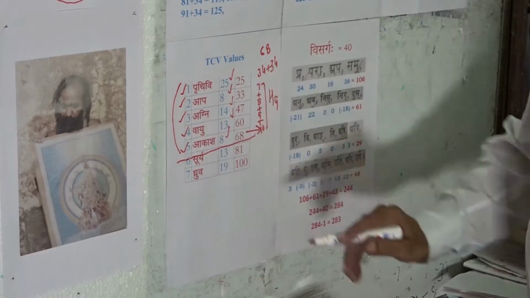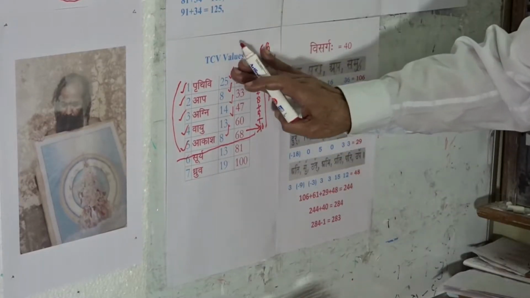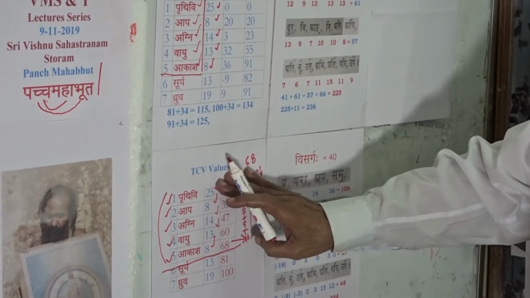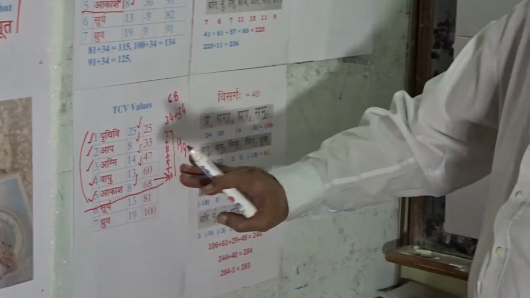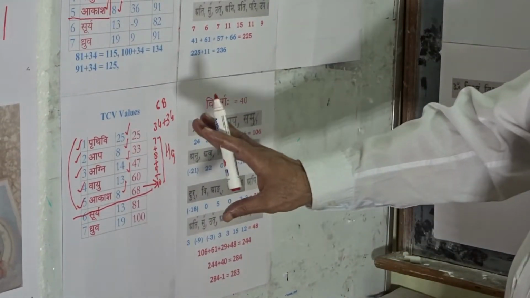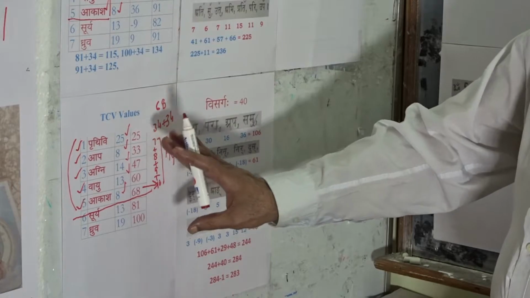Panchbhut, five elements: Prithvi, Apa, Agni, Vayu and Akash, earth, water, fire, air and space, are the formulations, and these formulations are the Bhut, Panchbhut.